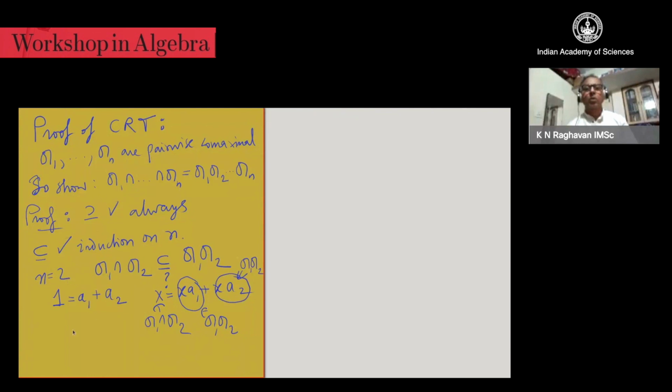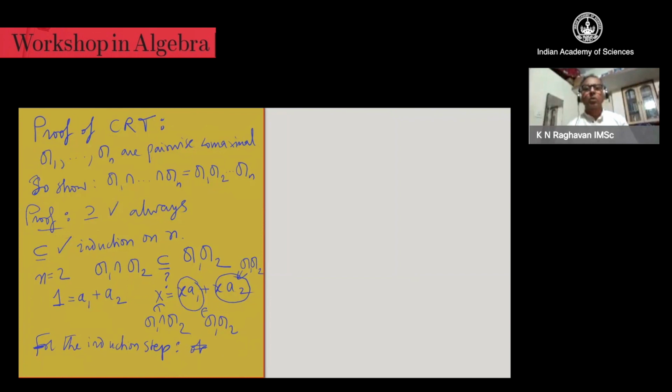Now, for the higher cases, let us just observe the following. I think we did this last time, but let's do it again. So for the induction step, let me even motivate that by looking at what we want.